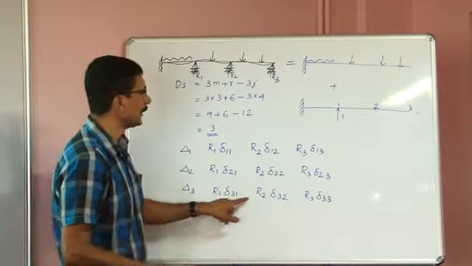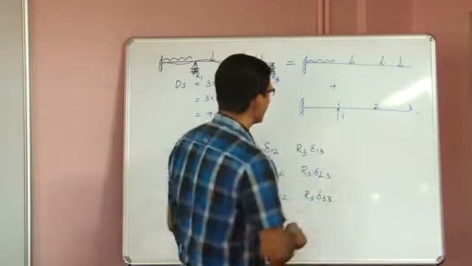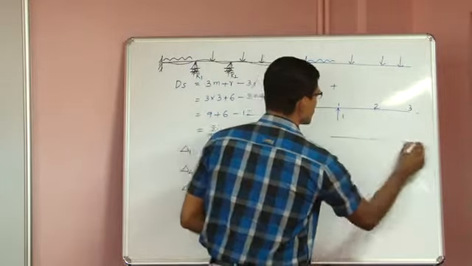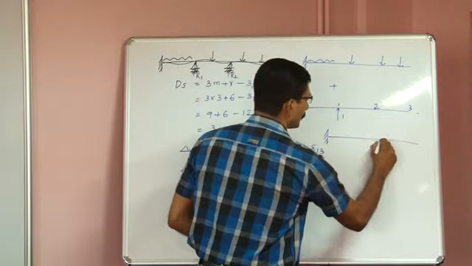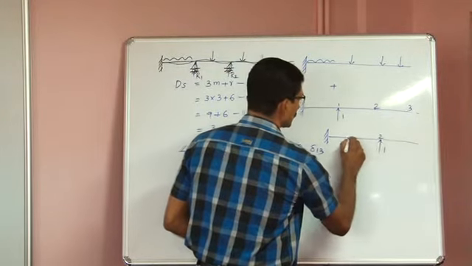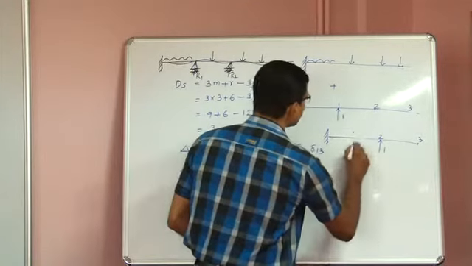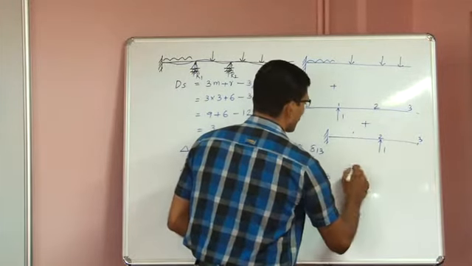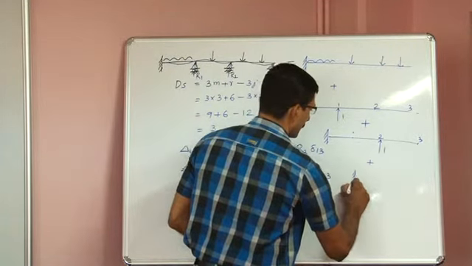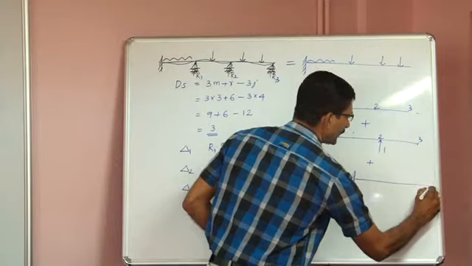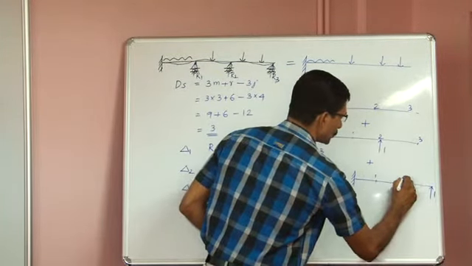Similarly, we apply unit forces along the directions of 2 and 3 successively. Unit force at point 2, this is point 1, that is point 3, and further a unit force here, this is point 1, that is point 2, point 3.